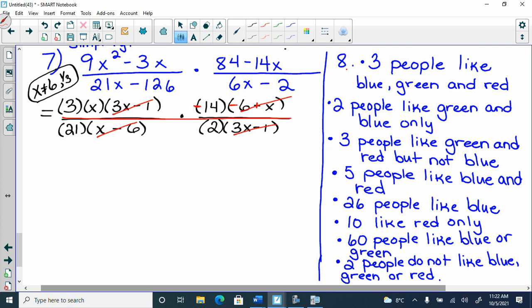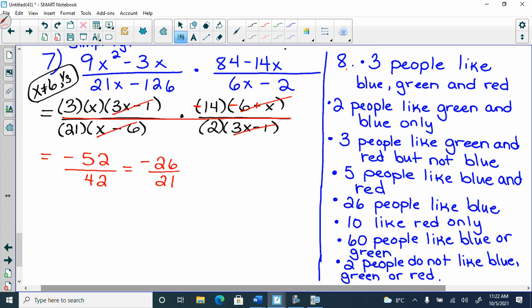And then sometimes people will cancel more. I'm not going to do that. I'm going to cancel the next step. So I go 3 times -14, which is -42, over 21 times 2, which is 42. Fourteen times 3, is that 52 or 42? 14 times 3 is 12, carry the 1, 42.